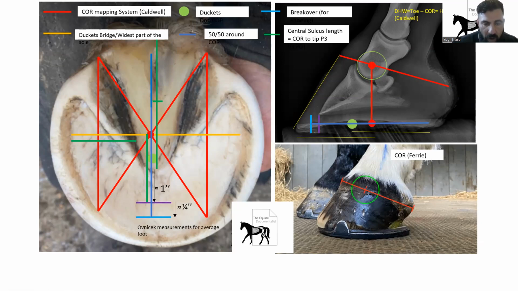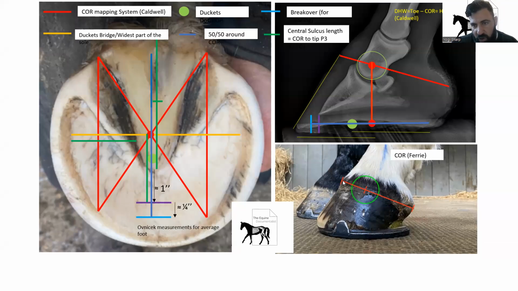But when we put a shoe on the foot, it becomes difficult to locate these points. But you can see these points on here. You can see that this is the mapped center of rotation, which aligns with the center of rotation. Okay, but when we've got a shoe on, we can't see the bottom of the foot. So what we use is this, which was shown by Jim Ferry in 2007.